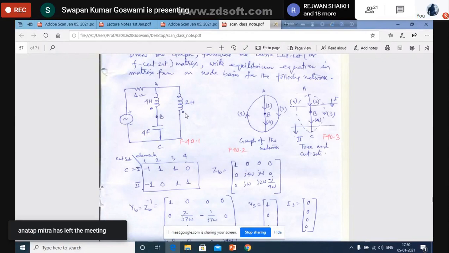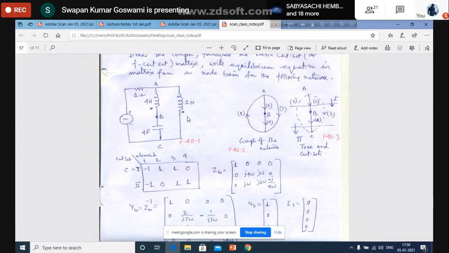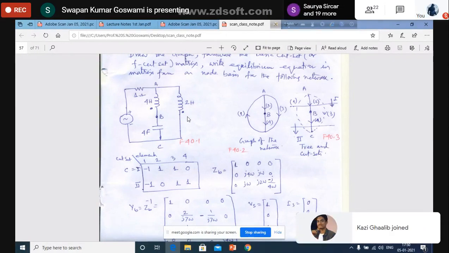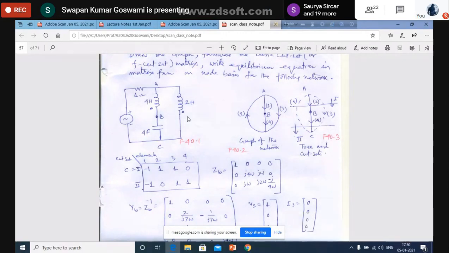If both the currents are either leaving or entering through the dot, the mutually induced EMF will be assisting the self-induced EMF. Here, both the currents are leaving the dot, or the direction of currents is the same with respect to the dots.